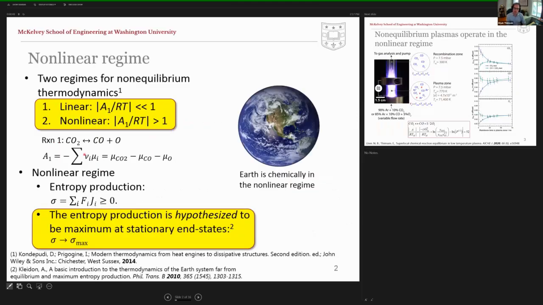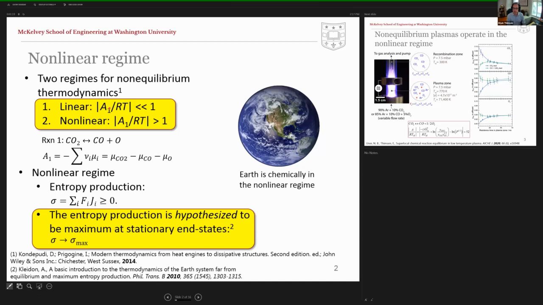Okay, so today is going to be focused on non-equilibrium thermodynamics. Non-equilibrium thermodynamics has two regimes, the linear and the nonlinear. Linear is close to equilibrium, and it's been well argued by Prigogine and others that the entropy generation should approach a minimum in the linear regime because you're close to the maximum.